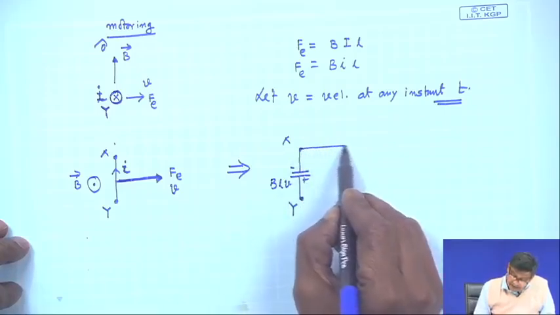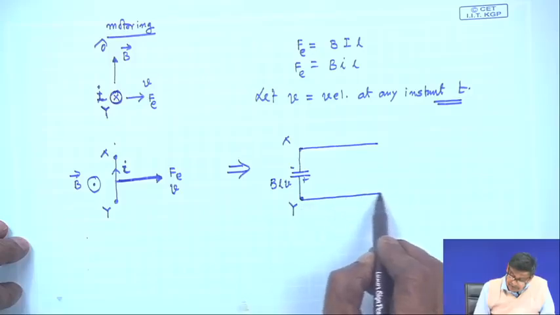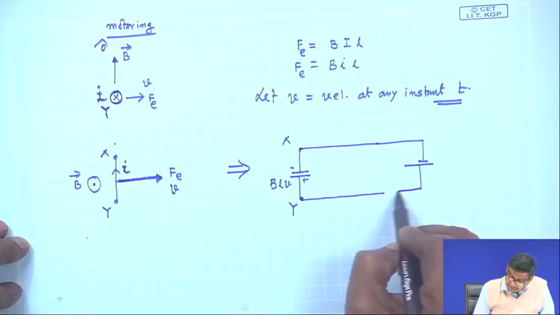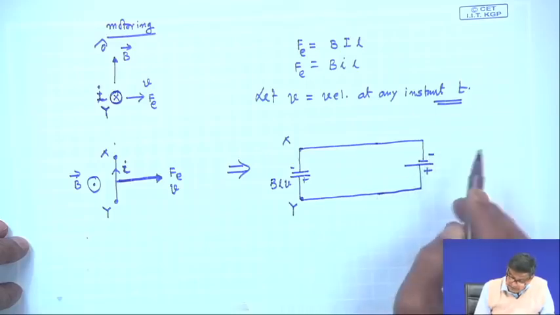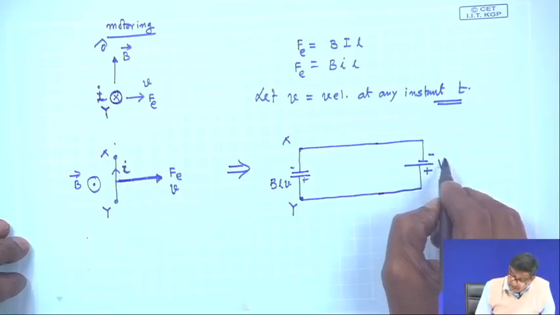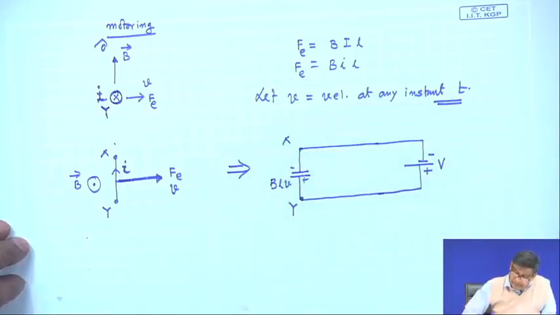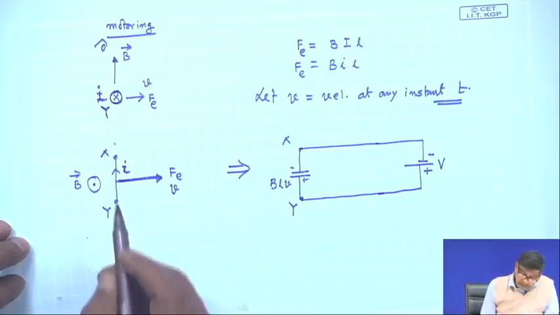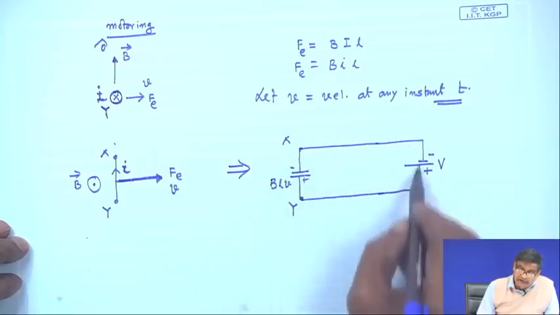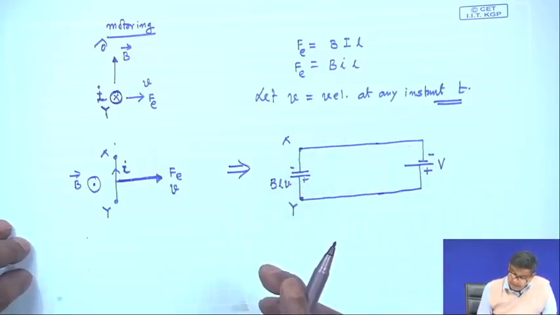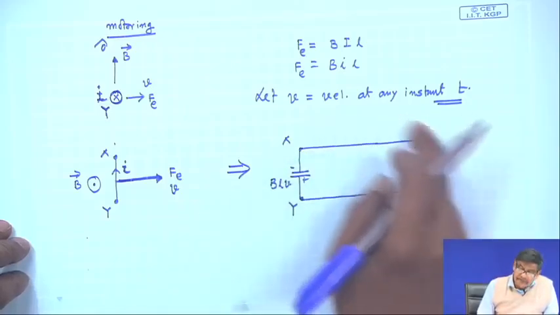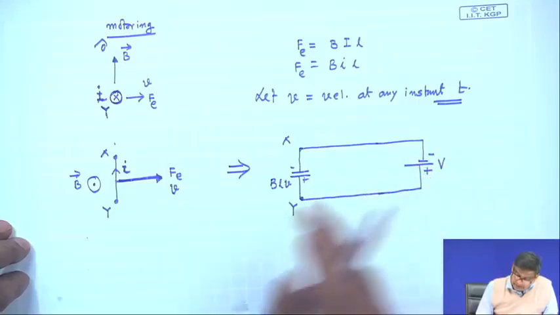And your electrical circuit corresponding to this is your external battery here, which is fixed, plus minus. Let this battery voltage, let me call it V. Therefore, there will be some current in the circuit. Let R be the electrical resistance of this circuit.